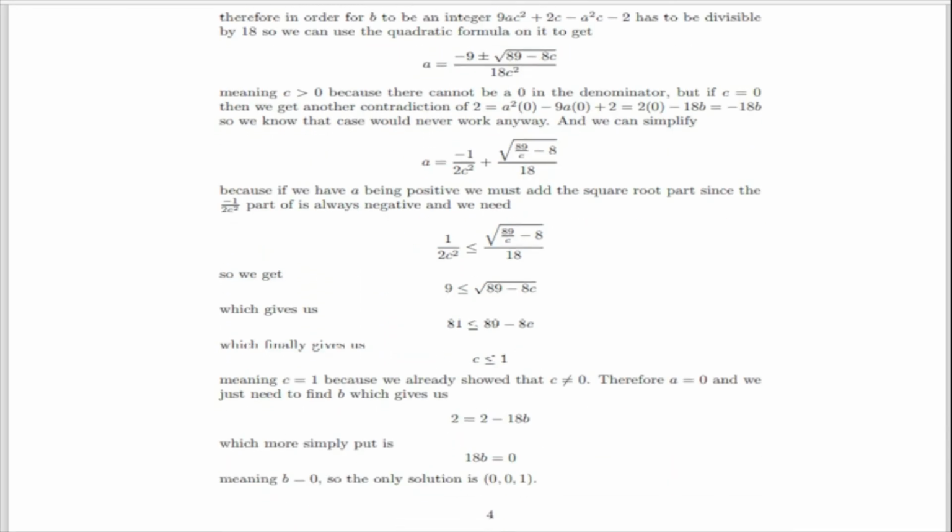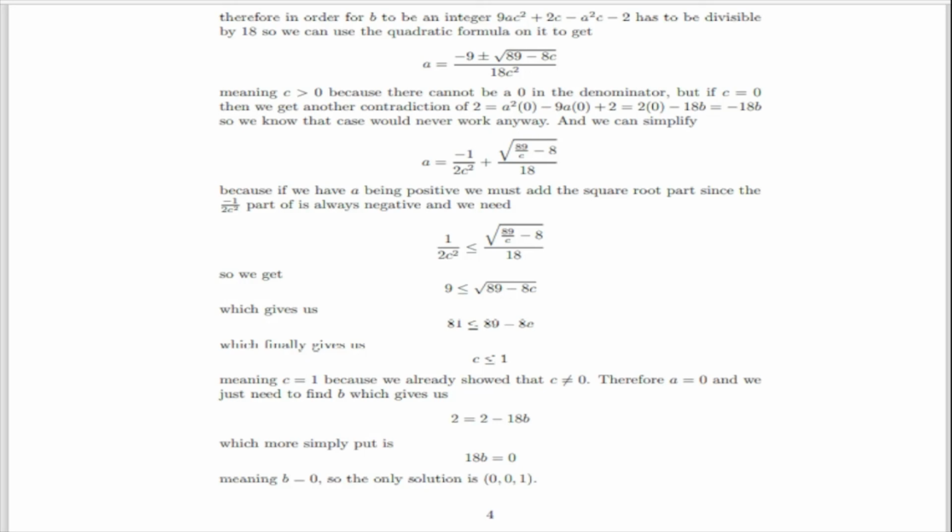A equals negative 1 over 2 times c squared plus the square root of 89 over c minus 8, all over 18. Because if we have a being positive, we must add the square root part, since the negative 1 over 2c squared part is always negative, and we need 1 over 2 times c squared to be less than or equal to the square root of 89 over c minus 8 all over 18.